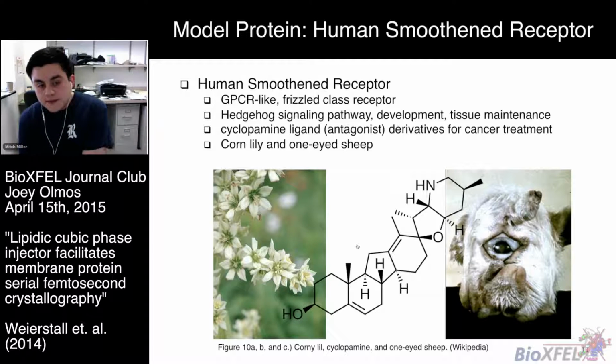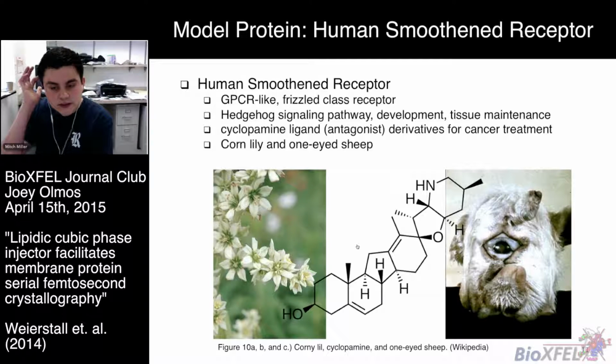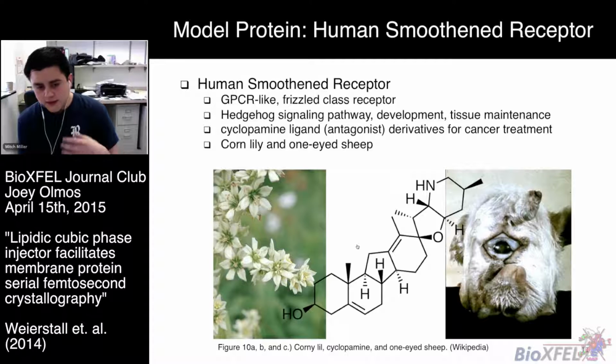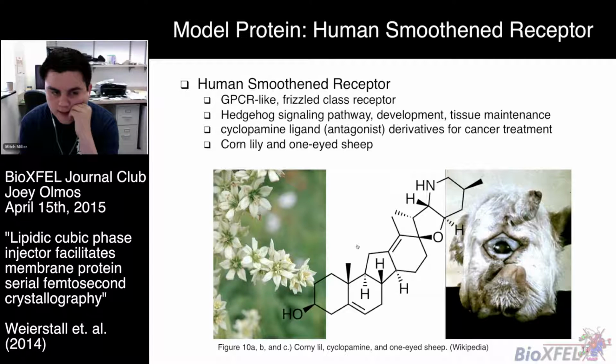And so cyclopamine is this ligand antagonist that was used in the structure determination proof of principle that's shown bound in the end result. Interestingly enough, this cyclopamine antagonist is actually used as a derivative for different cancer drugs, and there's plenty of literature on that.